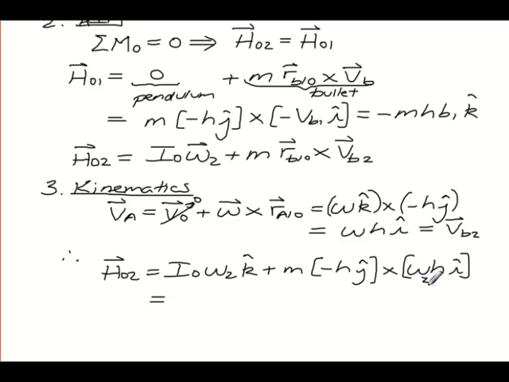J cross i is a minus k. Minus and minus makes that plus. So this is going to be IO plus m h squared, all times omega 2.